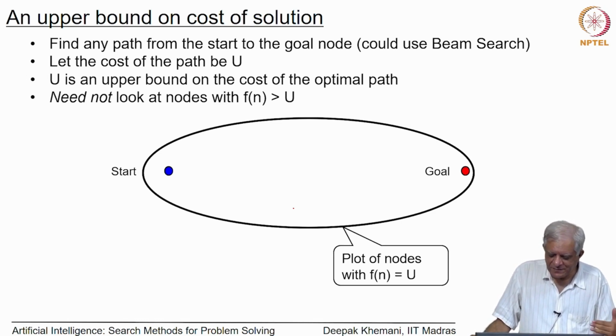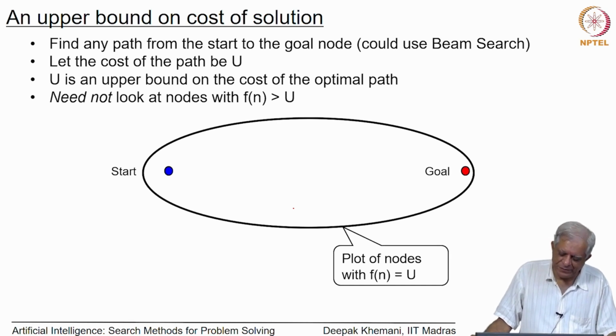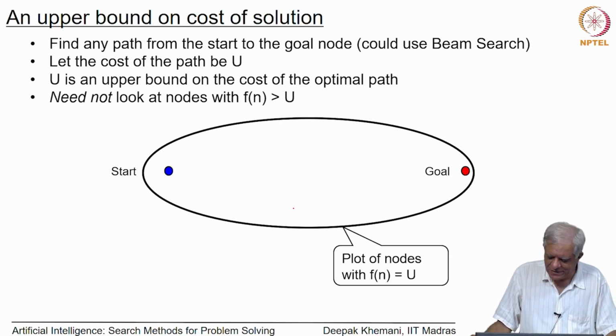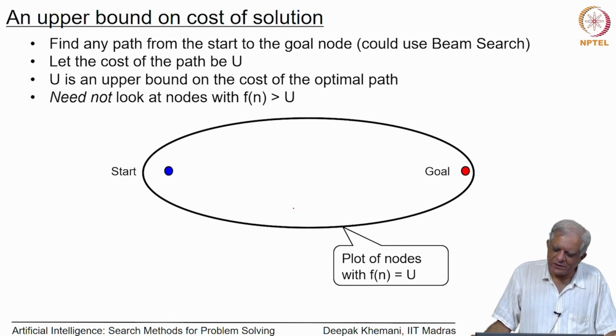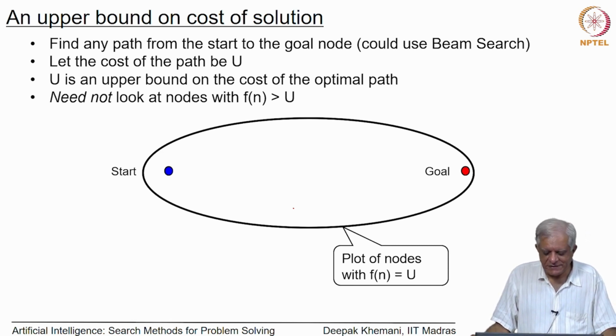But in general, if we plot all the nodes whose f value is equal to u, or let us say greater than u also, then we will get a boundary like this. And now we know that any search algorithm that we use must stay within this boundary, because outside that boundary there are going to be more expensive paths, and we already know that there is at least one path which is a cost of u essentially.